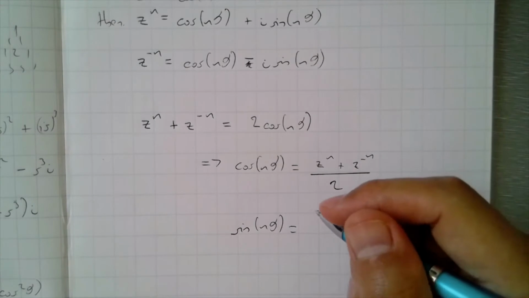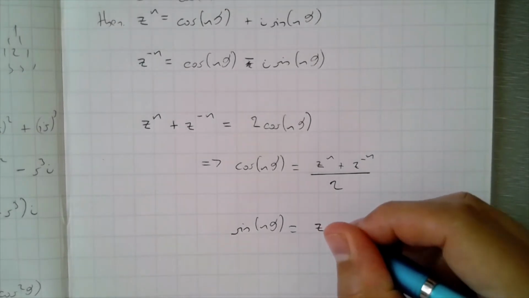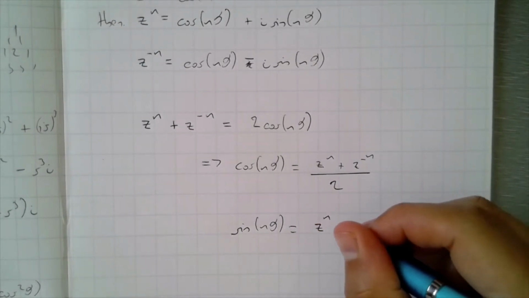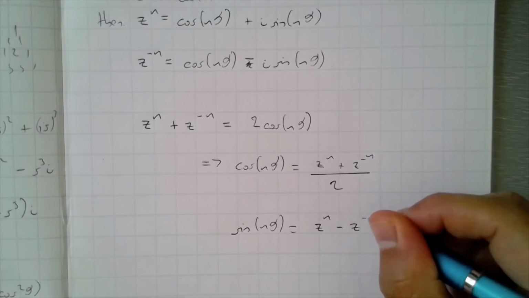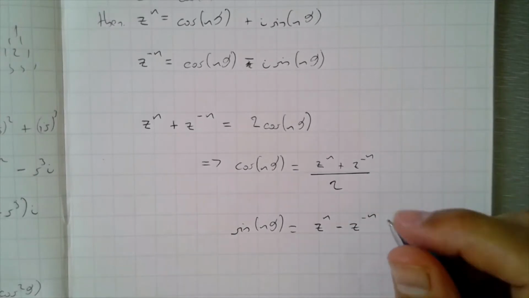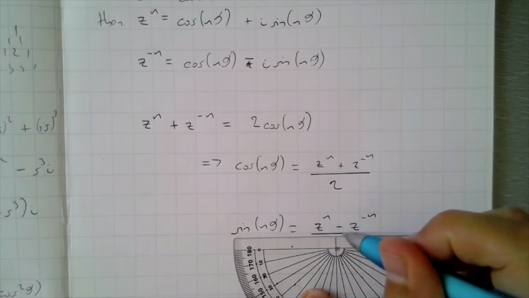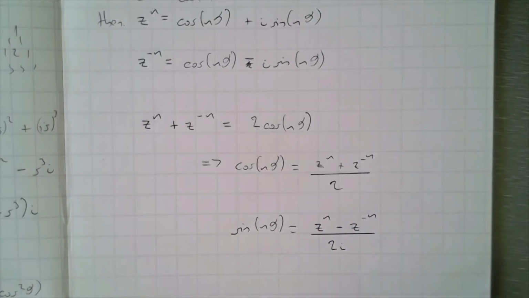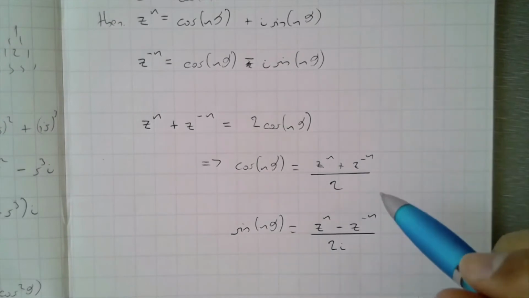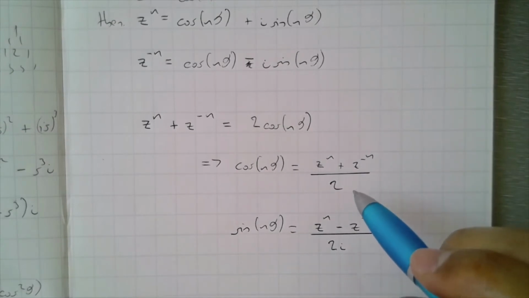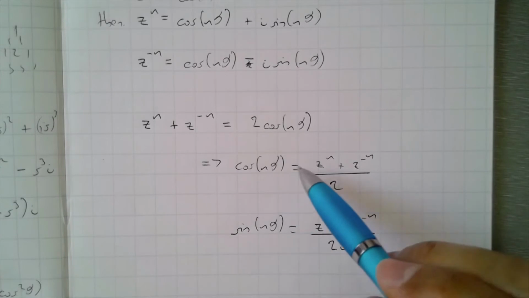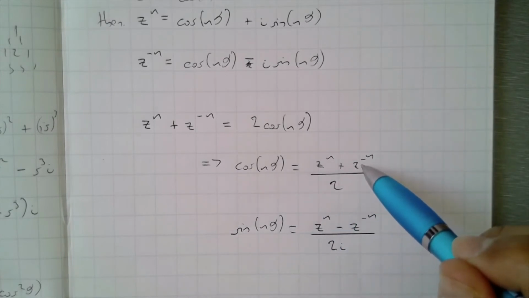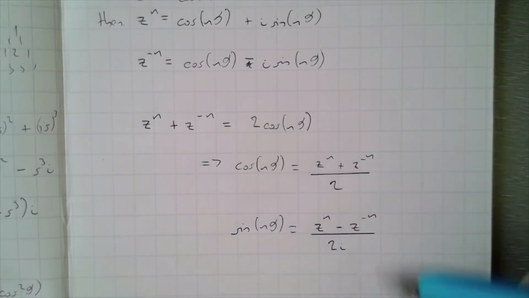So if you subtract them instead, you'll end up with z to the n minus z to the minus n all over 2i. These 2 things you should really know, and you should particularly pay attention to the fact that cos theta equals z plus z to the minus 1 over 2, for example.